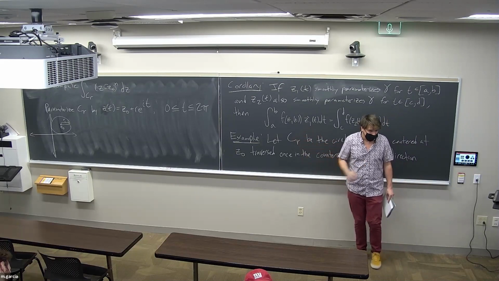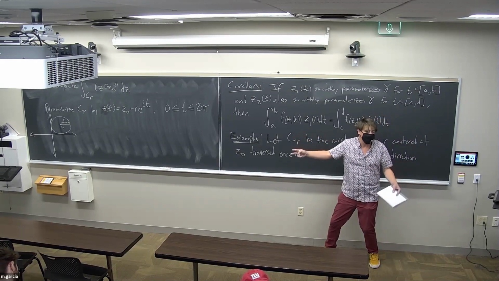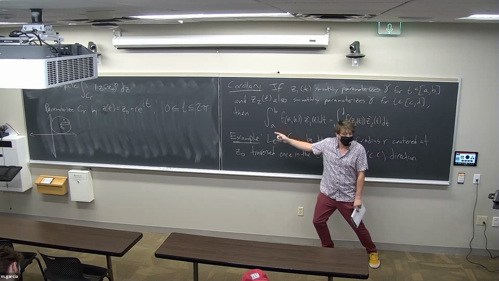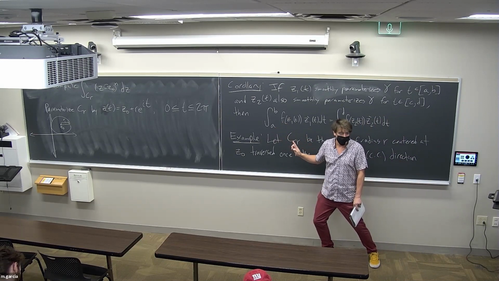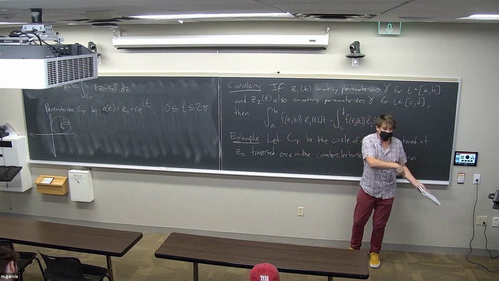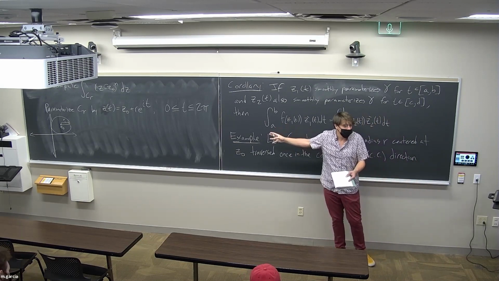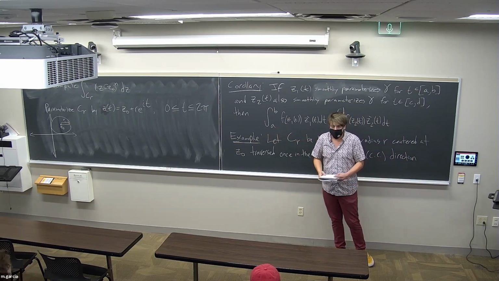If we had just taken one-to-one as the requirement of our parameterization, then yes, we would have to exclude one of the endpoints. But we bake that into the definition of simple closed curve, just because some things shake out nicer, as you'll see. Okay, good.